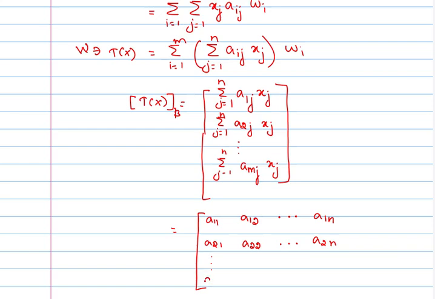And so on, Am1, Am2, Amn, times the vector x1, x2 and so on, xn. This is my T(x), correct?